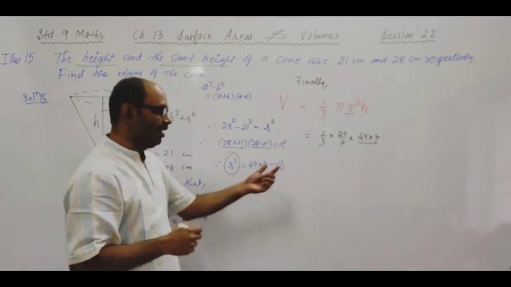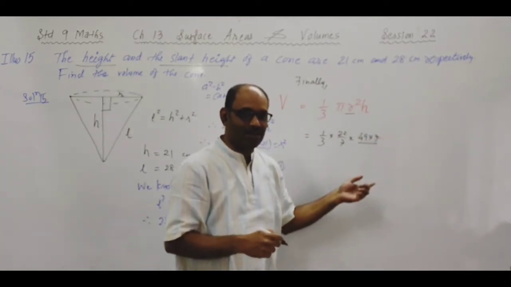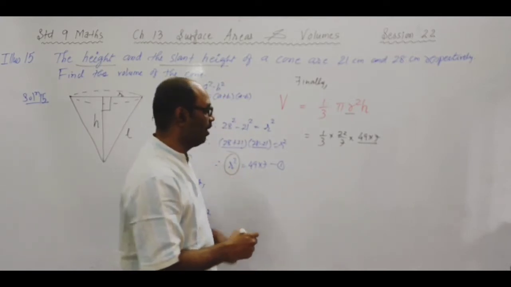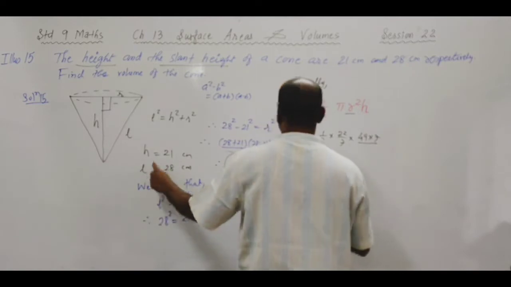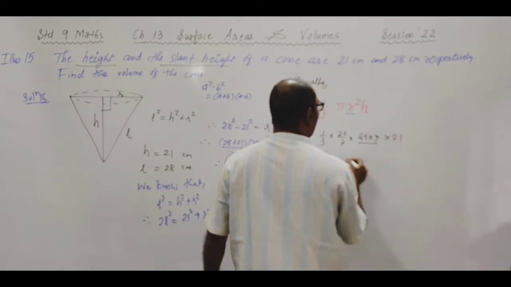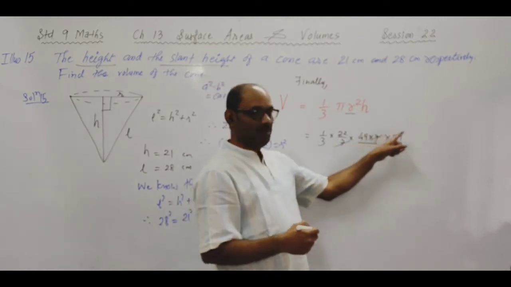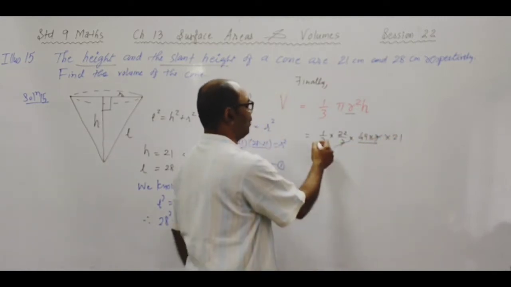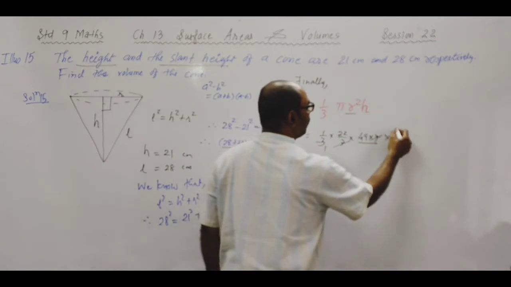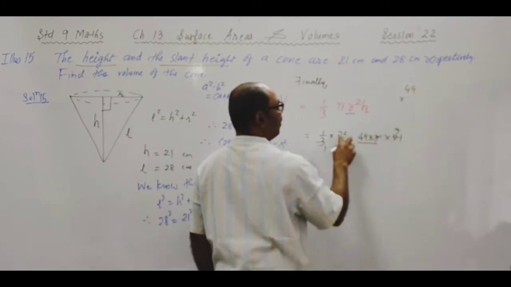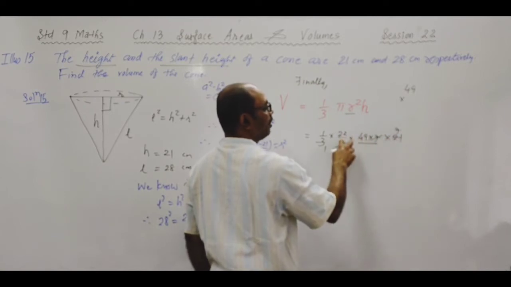By mistake you may write it twice, 49 into 7 into 49 into 7. Be careful. This is not r. This is the direct value of r square, into h, into 21. There is a lot to cancel here: 49, 7 and 21 are there. Now for the 3, 3 sevens are 21. So 49 multiplied by this you can do orally, correct?